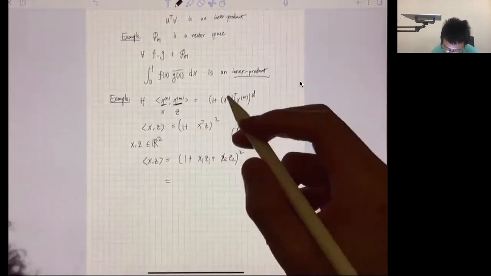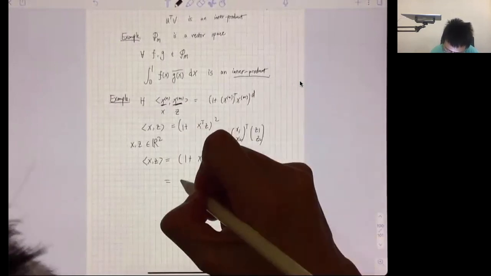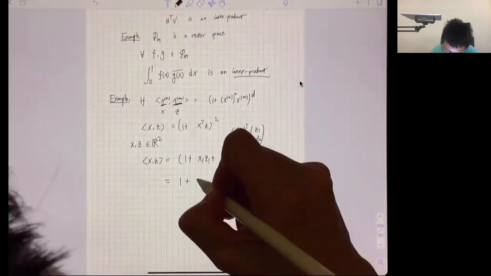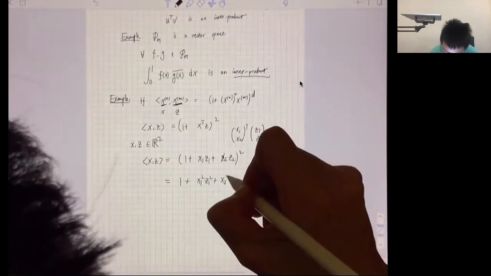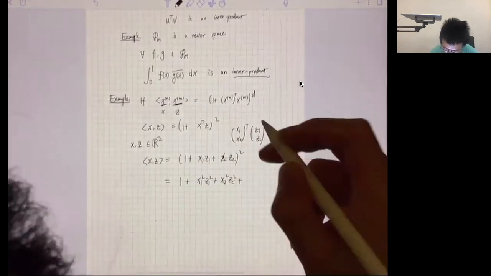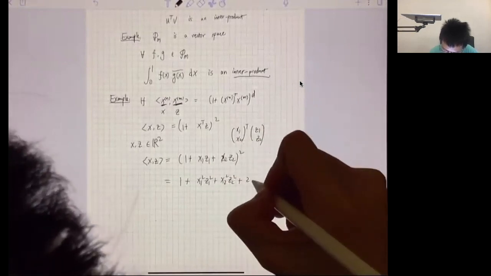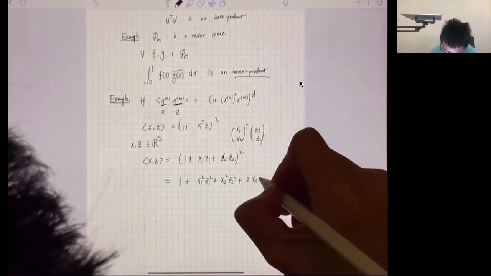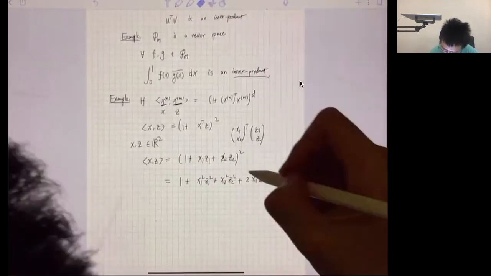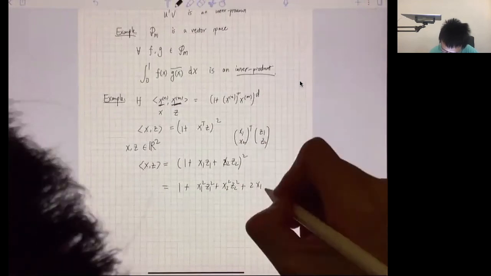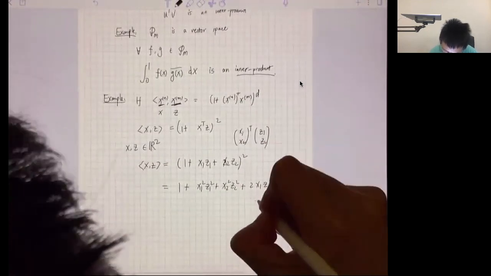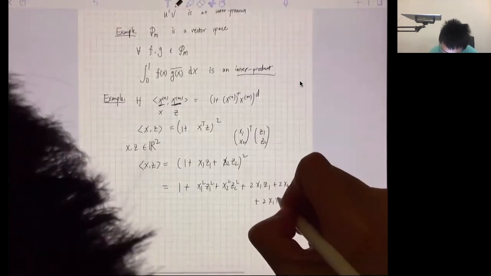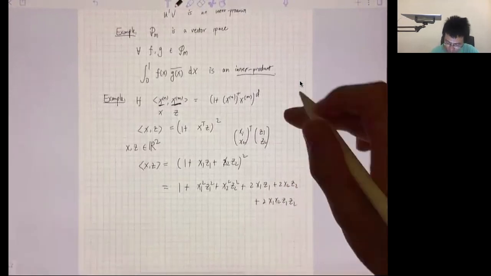So it's essentially 1 plus x1 squared z1 squared plus x2 squared z2 squared plus 2 of x1 z1, plus 2 of x2 z2, plus 2 of x1 x2 z1 z2, right?